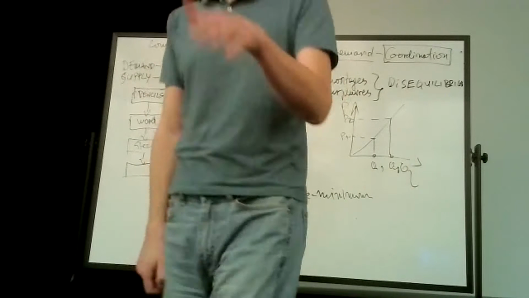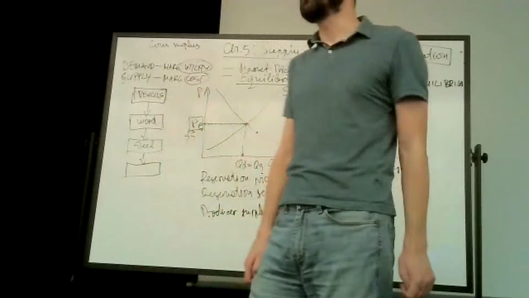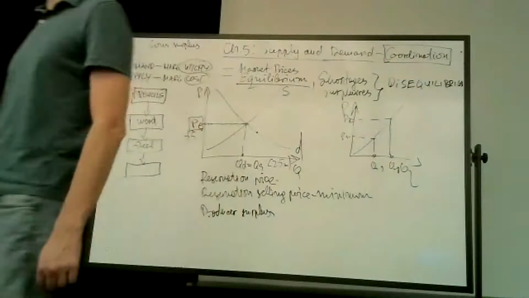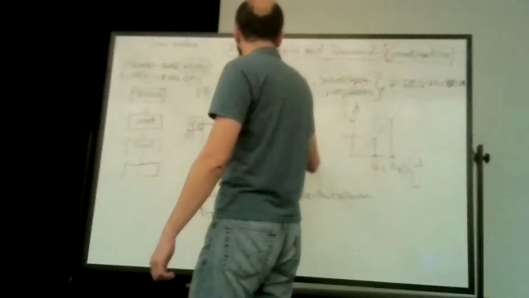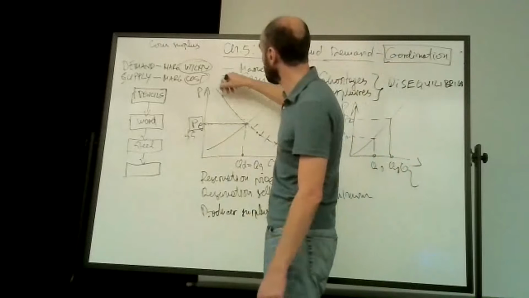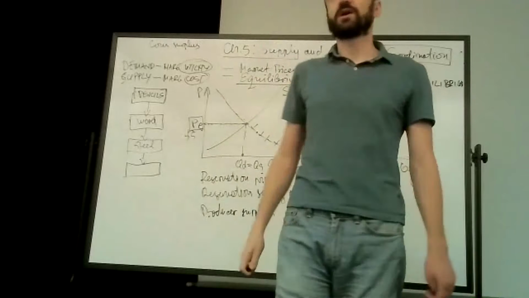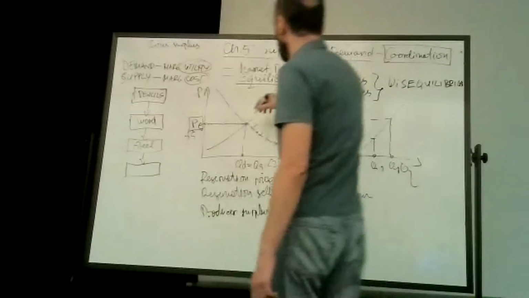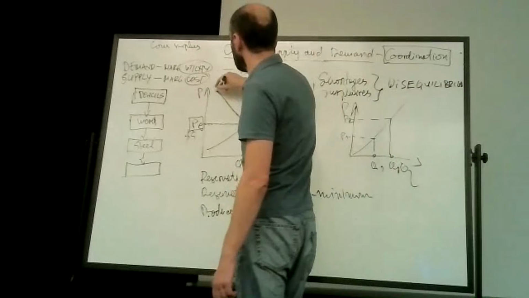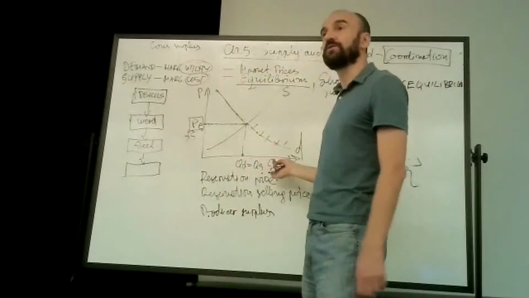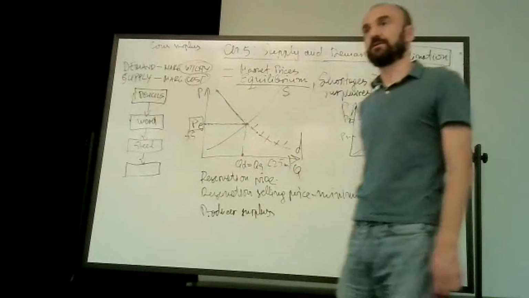So being rational human beings, they abstain from purchasing this product at $5. So they're outside of the market. Only this part of the demand curve, people whose maximum buying prices are higher than $5, will be participating in the market. So they will get the opportunity to buy 25 units from suppliers.